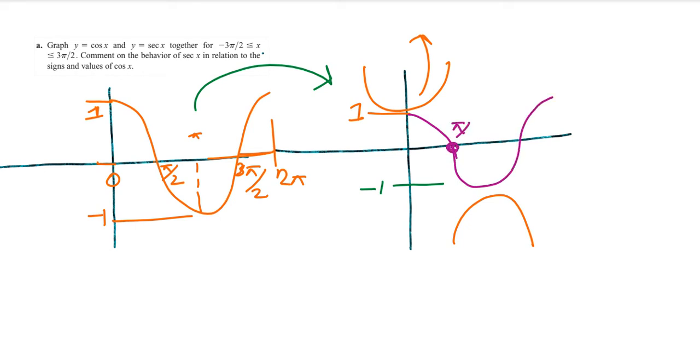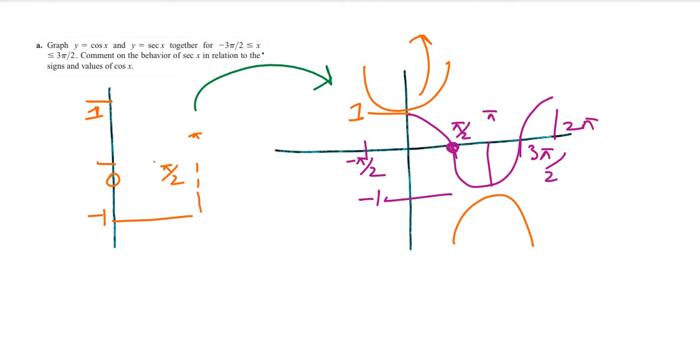Over here is negative pi by 2, positive pi by 2. Over here is the midpoint, that is pi, 3 pi by 2. This is the midpoint too. This is the ending point, 2 pi. And over here is the negative pi by 2, or you can say that it ends up over here, that is negative pi. Let me just remove this. So you can see how we merge these two graphs in one graph.